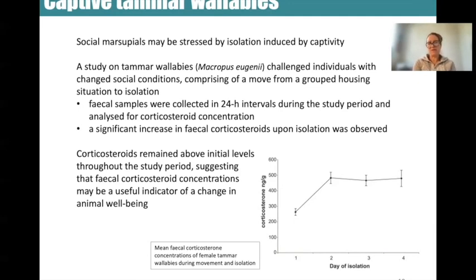And then it was found that there was a significant increase in corticosteroid concentration upon isolation. So these levels remained above initial levels throughout the study period, suggesting that fecal corticosteroid concentrations may in fact be a useful indicator of a change in animal well-being as it is sustained over a period of time.